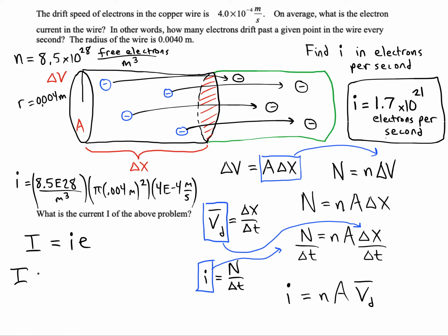So we'll take our electron current and multiply it by 1.6 times 10 to the minus 19 coulombs. When it comes to this problem, I'm not interested in the direction of the current. I just want the size of it, so I'm not going to worry about any negatives that would be involved here.